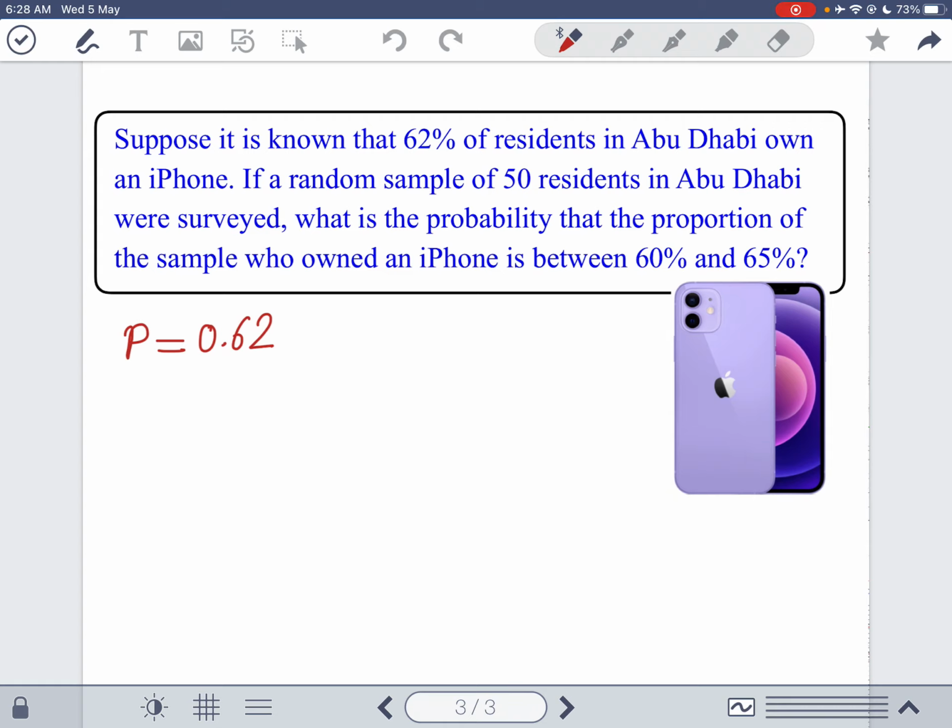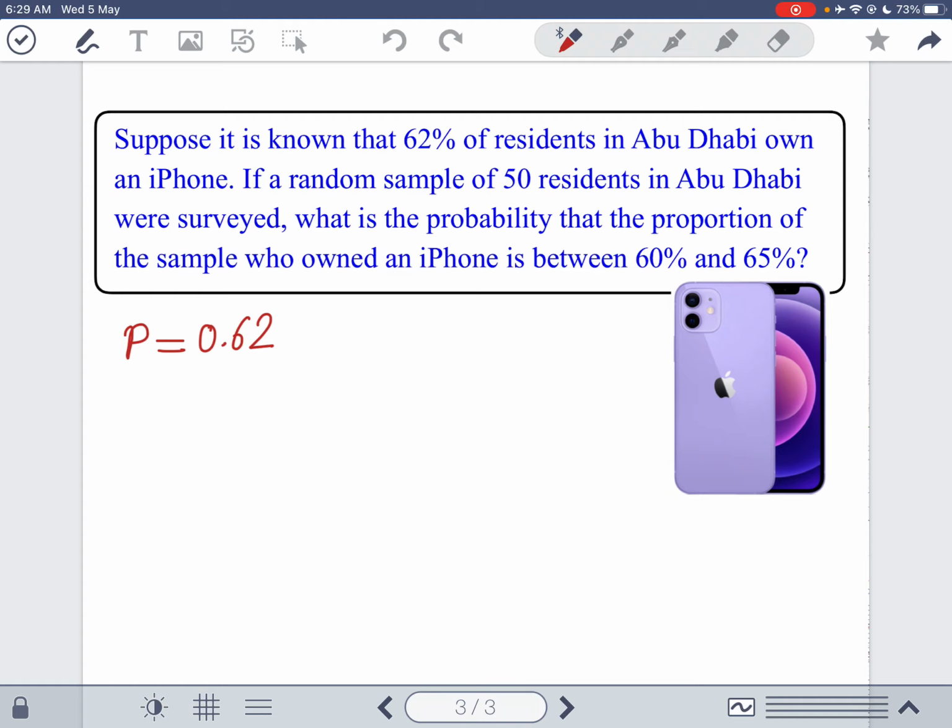Usually, this is unknown and you want to approximate it. That's when you construct confidence intervals. And you can also test hypotheses about this p to check if it's an accurate proportion or not. But let us assume that this is an accurate proportion for the entire population of residents in Abu Dhabi.